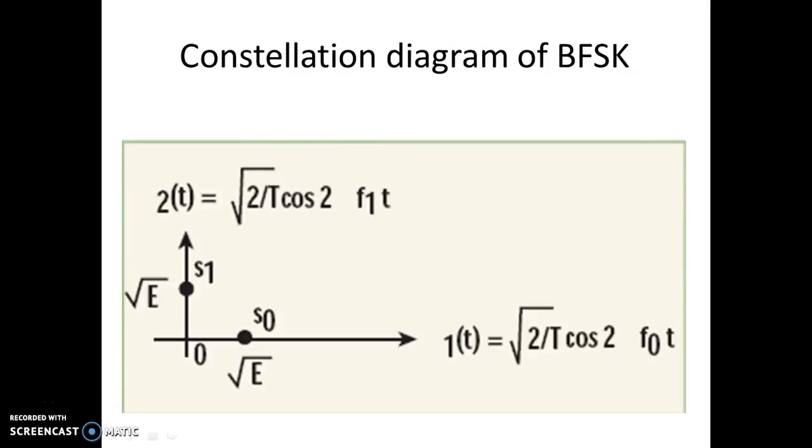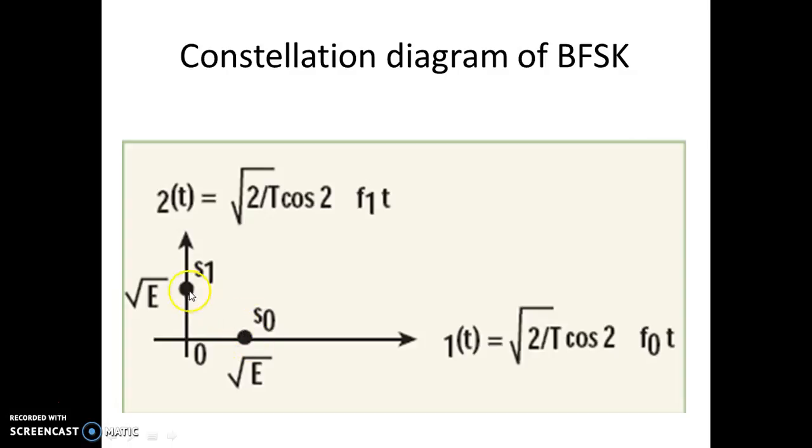When learning the constellation diagram of BFSK, binary frequency shift keying, we have two carriers along the x and y axes. These two carriers contain two different frequencies, and of course these signals are orthogonal to each other. You have 90 degrees here, so they are orthogonal.